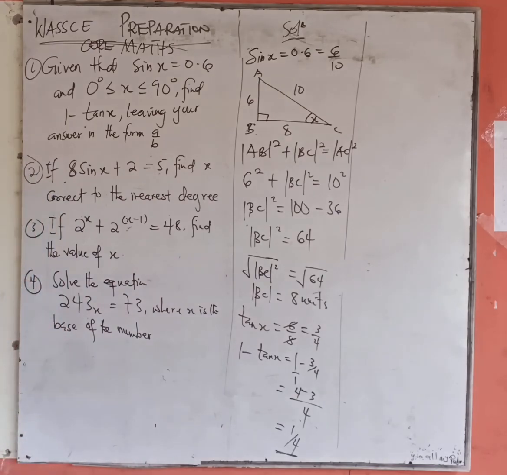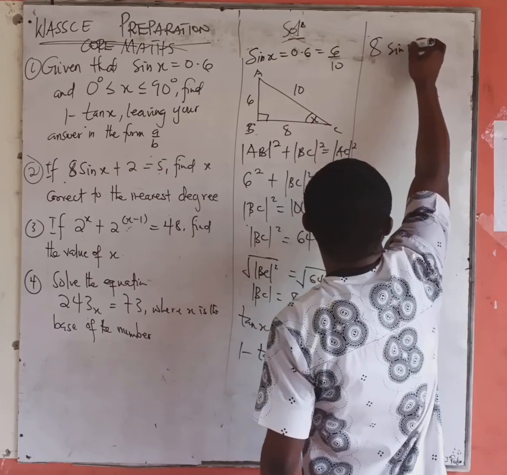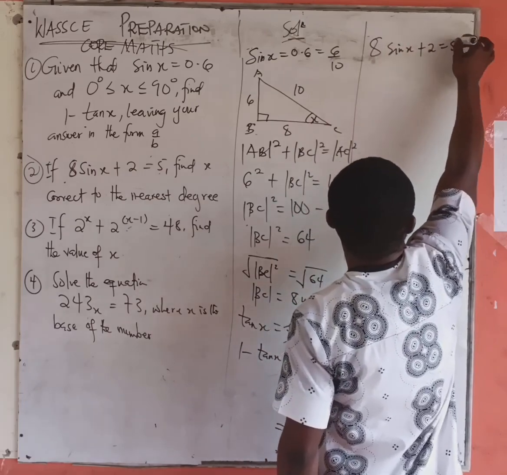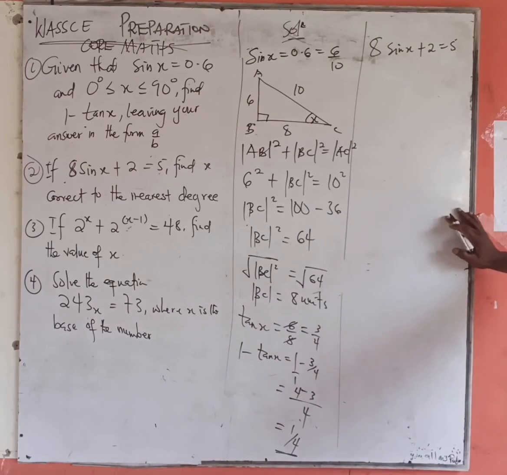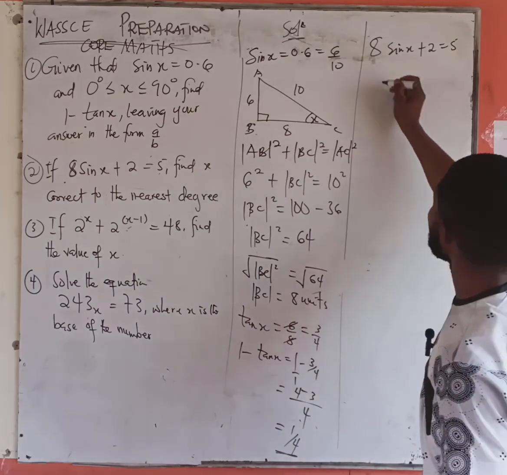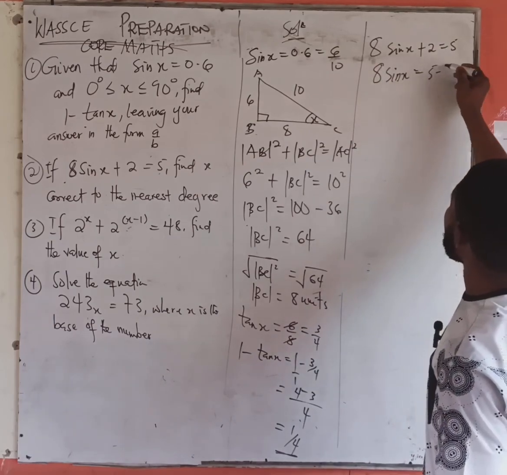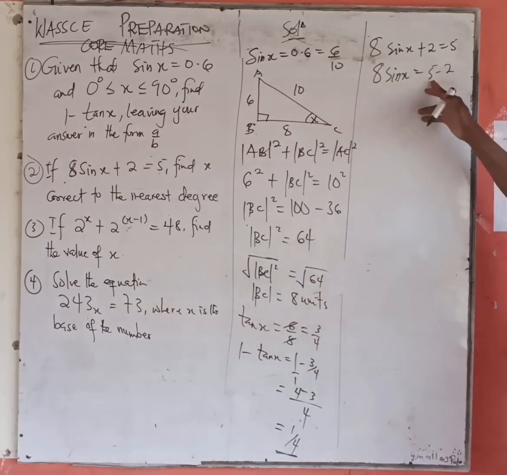Second question: if 8 sine x plus 2 is equal to 5, we have to find the value of x. So the same approach: 8 sine x is equal to 5 minus 2.